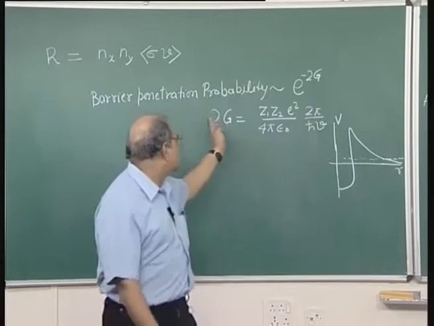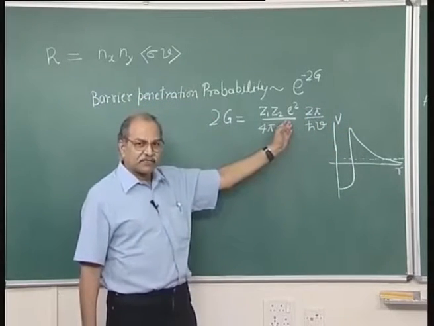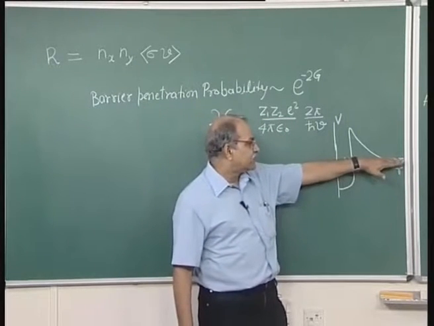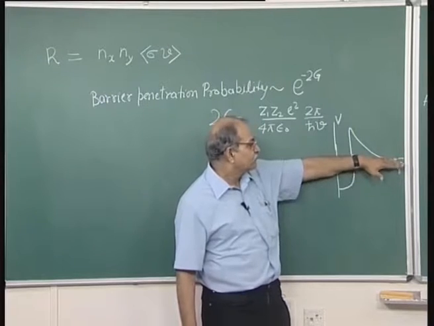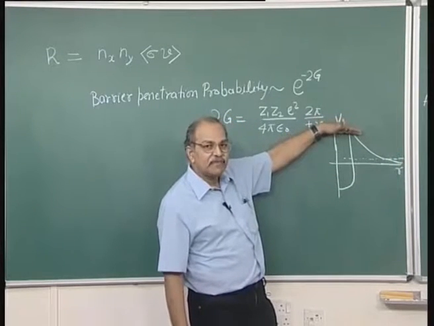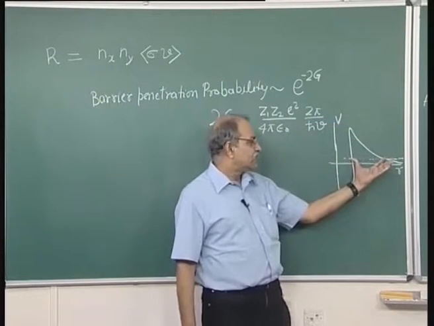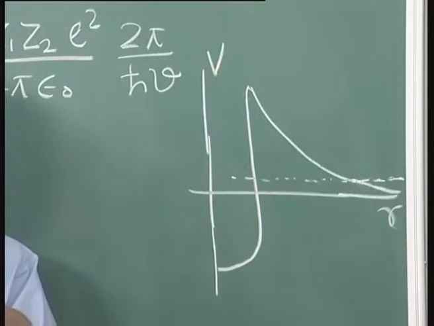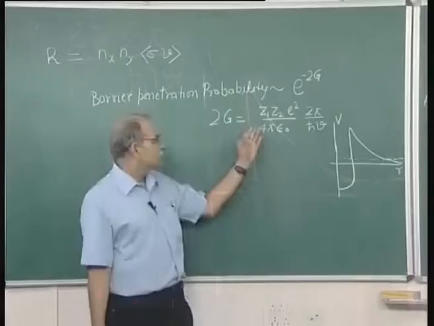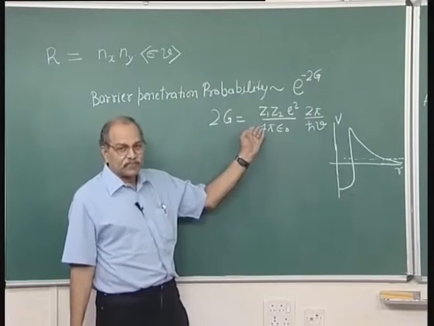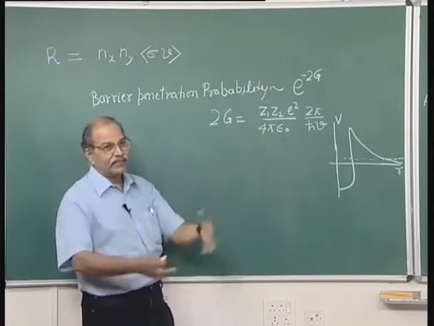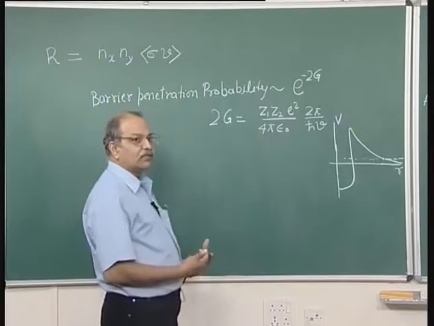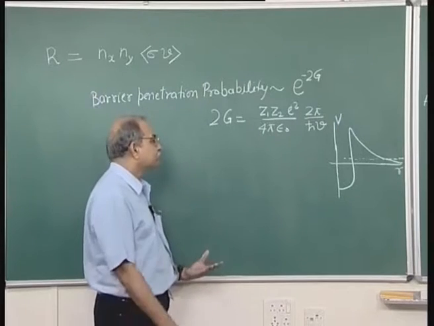One thing is that this is an approximate expression, and it is valid only if the available energy is much smaller than the height of the barrier. That means, if the barrier penetration probability itself is very low, then you use this expression, and that is the case in any thermonuclear reactor one tries to design, or that is there in the stars.